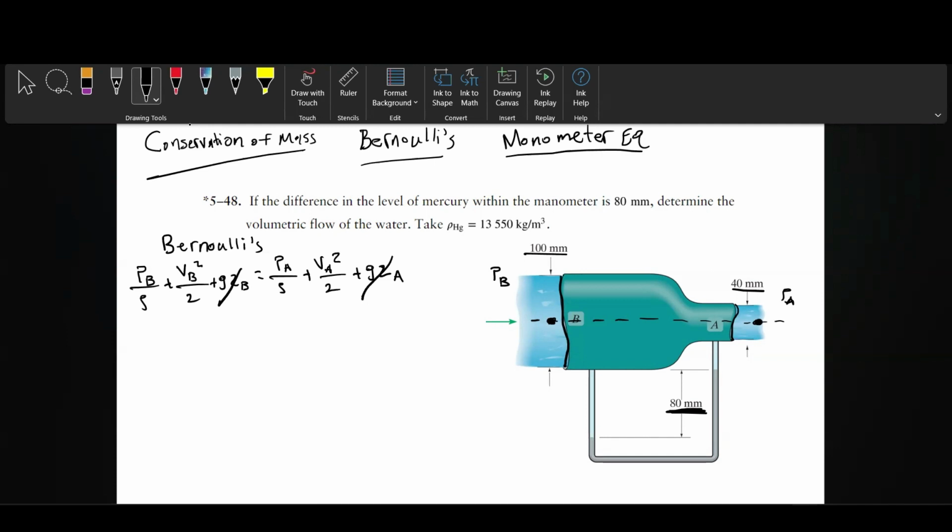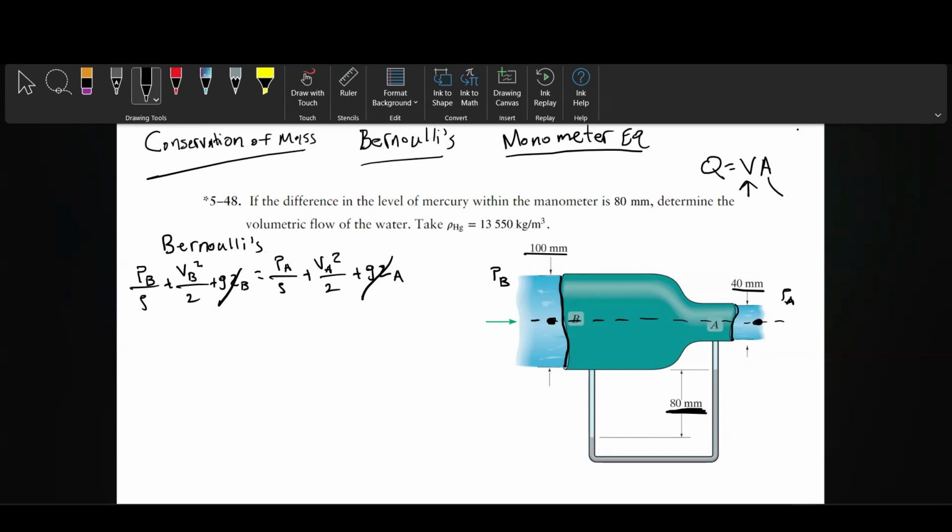So we are looking to find volumetric flow. If you remember what volumetric flow is, it's Q equals VA. We know the areas, so we're good with that, but we're looking for a velocity.